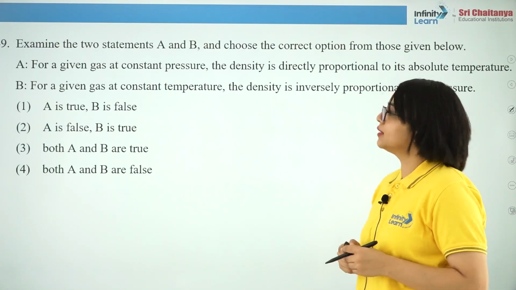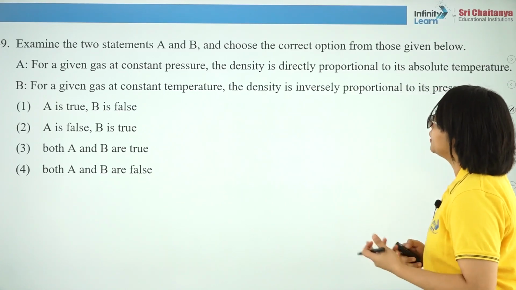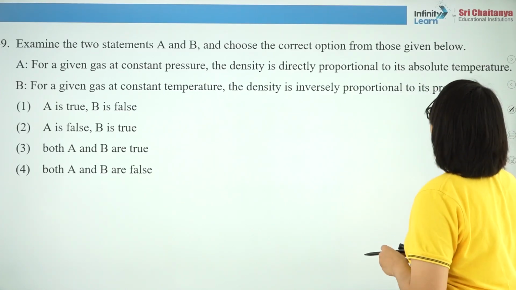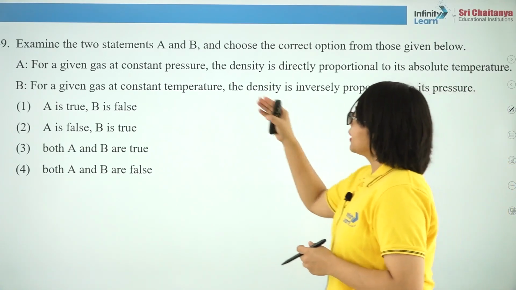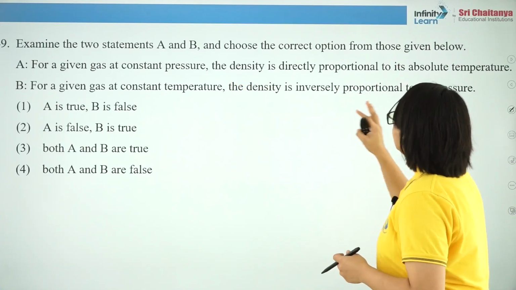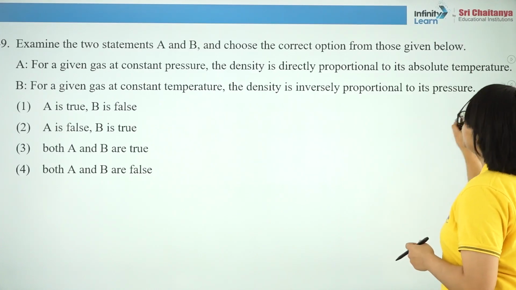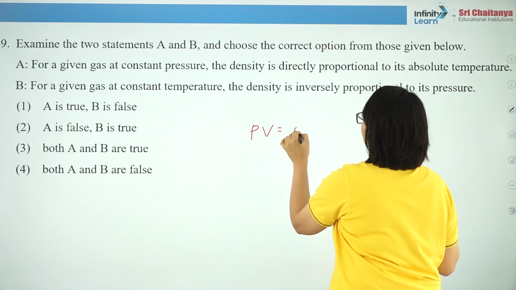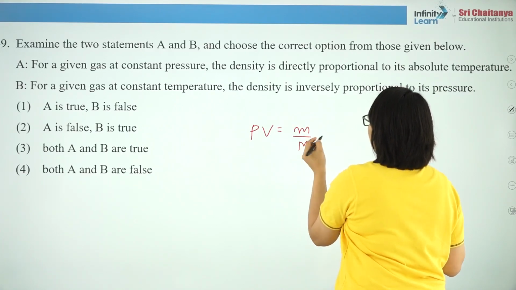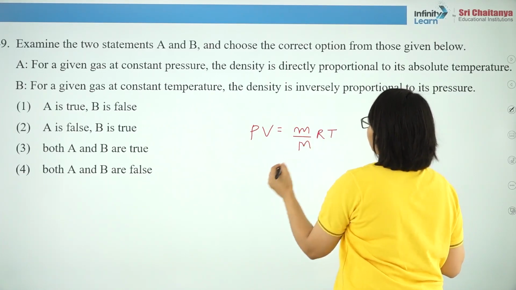Next is 149. Examine the two statements A and B and choose the correct option from those given below. Statement A is, for a given gas at constant pressure, the density is directly proportional to its absolute temperature. So, we have V is equal to m upon M into RT by P, right.